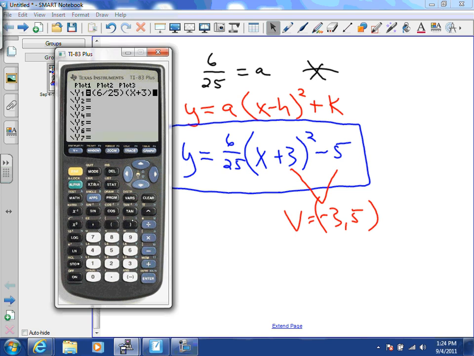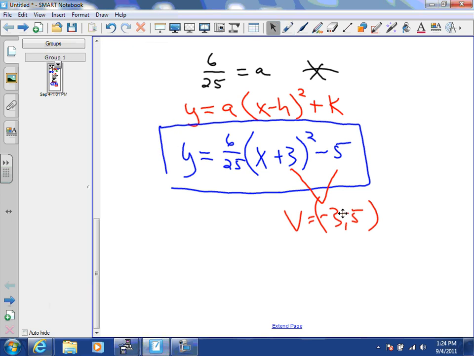So we have (x plus 3) quantity squared, minus 5. So if I go to the graph, or the table, I'm sorry, I go to x is 2, I see y equals 1. So this graph goes through the point 2 comma 1, and it has the vertex of negative 3 comma negative 5, sorry, I forgot the negative there. We have the right answer.